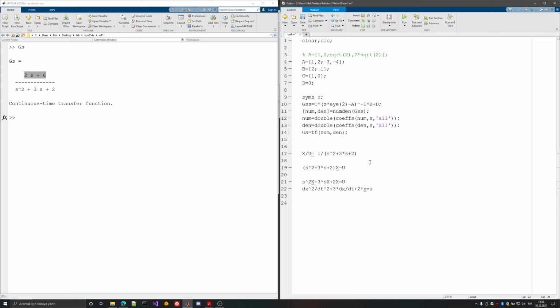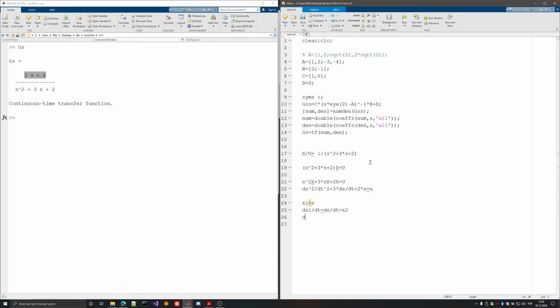What you can do now is to define your states and choose x as the first state, and then you look for the derivative of the state, dx1/dt. That gives you dx/dt, and you will name this as the new state.